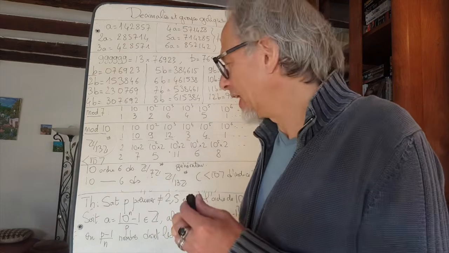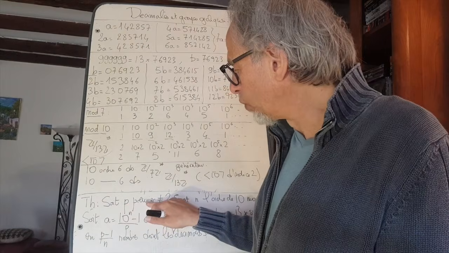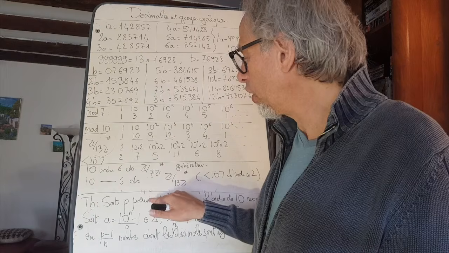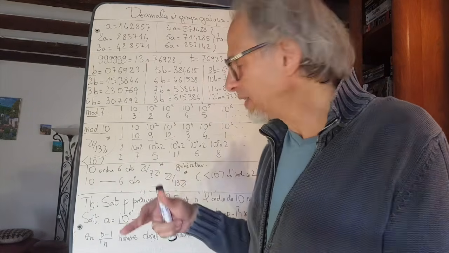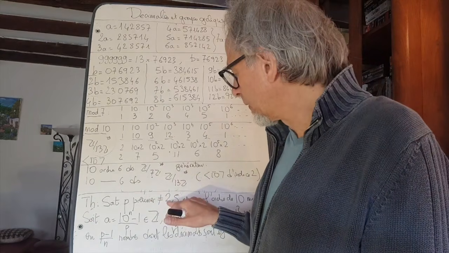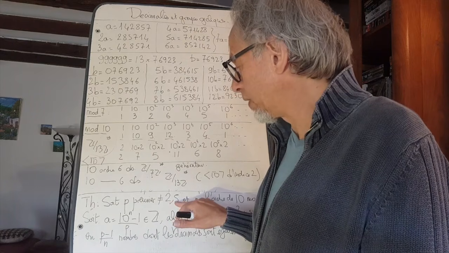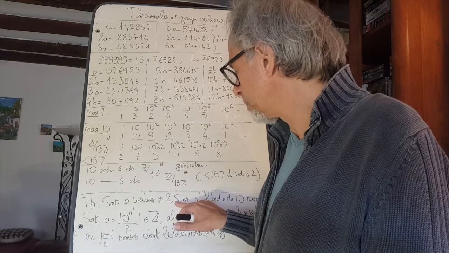So now we can start thinking about things in a certain way. We can come up with a theorem. Let's say P is prime, different from 2 and 5, because we want 10 to be in the multiplicative group Z over PZ star.